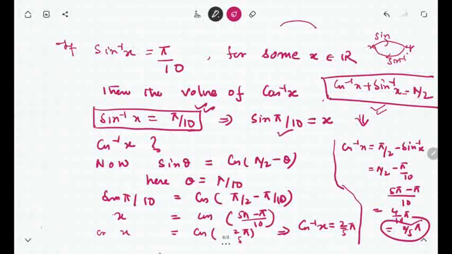If it is sine inverse x, we are taking here x; you can take anything here. So this is your x and this is your y, suppose. So sine takes y to x, and sine inverse takes x to y. So our y is here. Use that to solve. This is a good question.